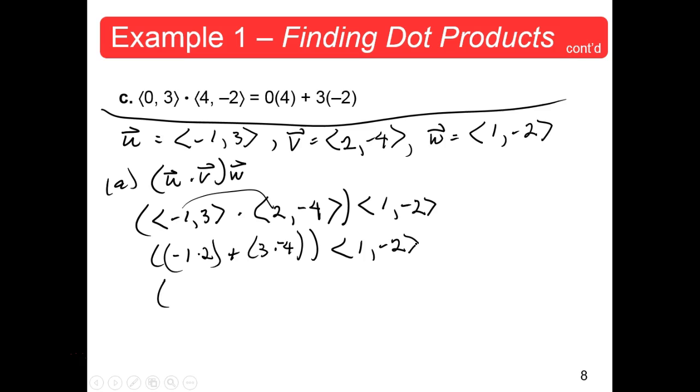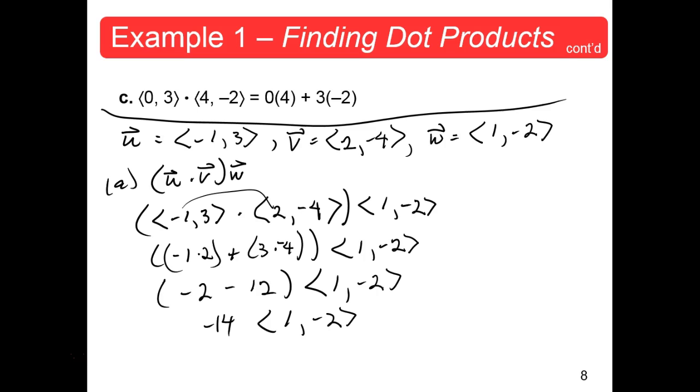But let's first do the dot product. What does that give you? -2 minus 12 times 1, -2, component-wise, and this will be -14 times 1, -2. Now that's sort of an all right way to write your answer. I would accept that. But if you were doing it on WebAssign, they may not, and you wouldn't know why.